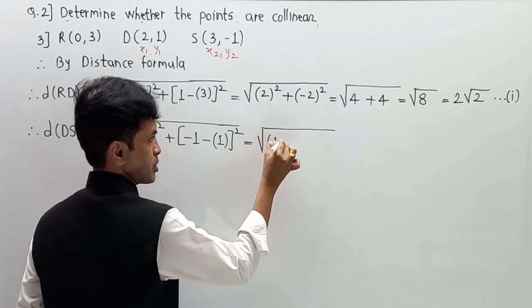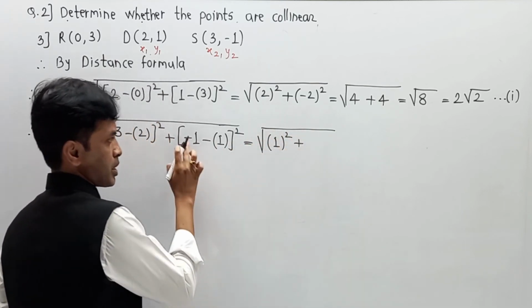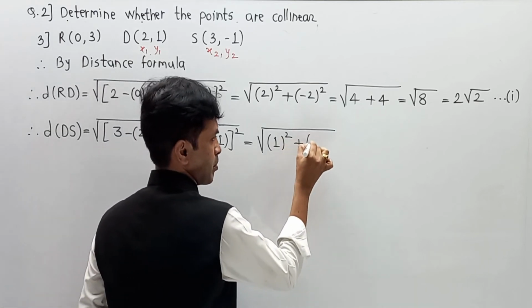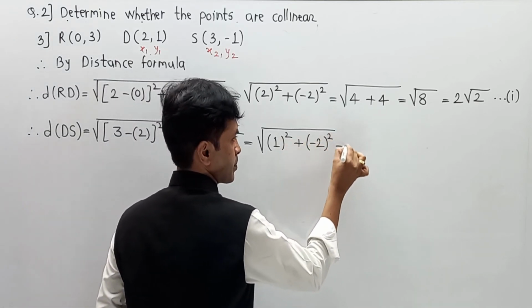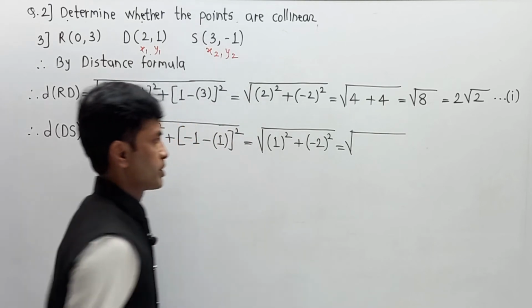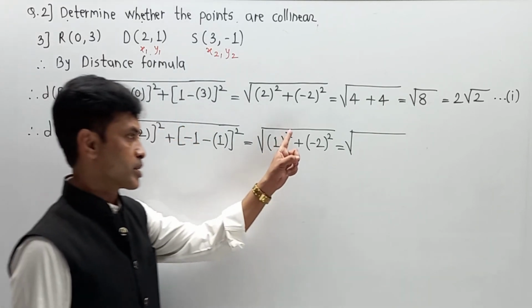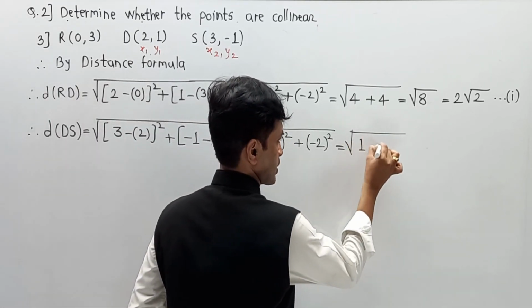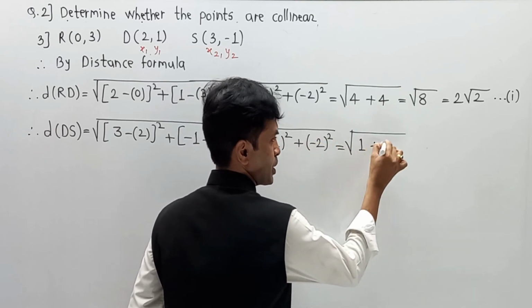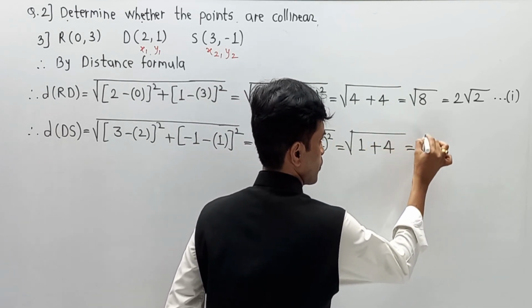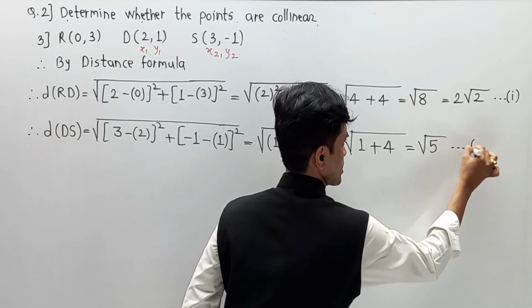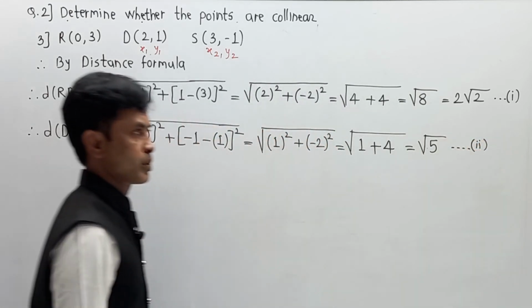So 1 square is 1 plus minus 2 square is 4, and it becomes root 5. That is your second answer. So I am giving it as equation number 2.